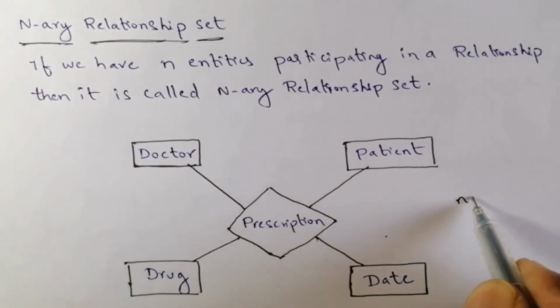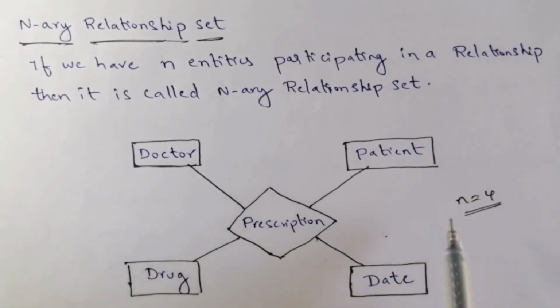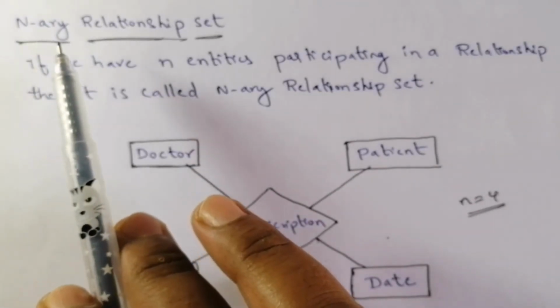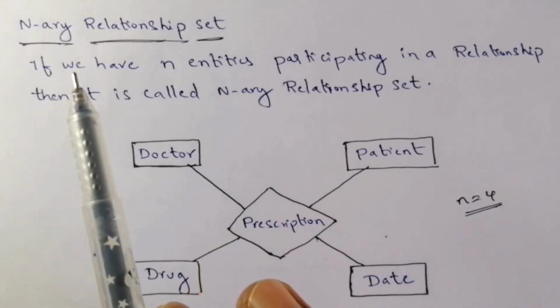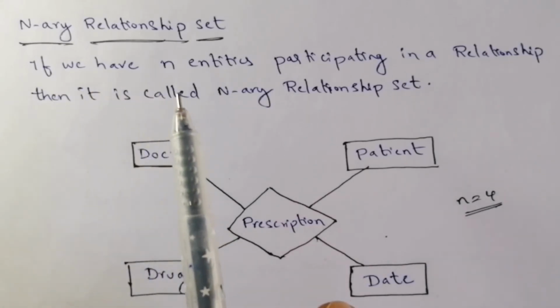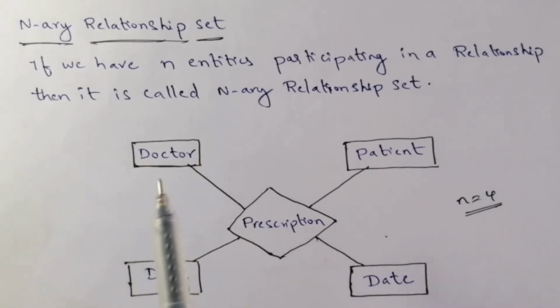That is, if n equals 4, 4 entities are participating, right? There can be many entities participating. Generally 1, 2, 3 we have named unary, binary and ternary. After that we call them the n-ary relationship set. N-ary means n number of entities participating.